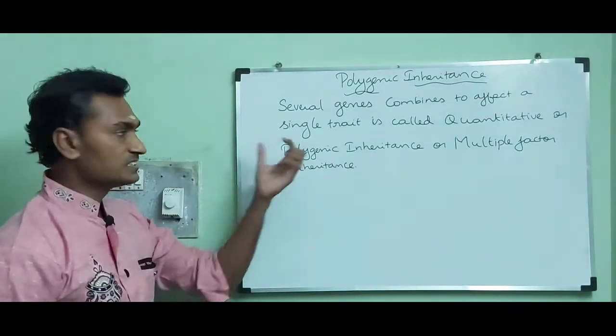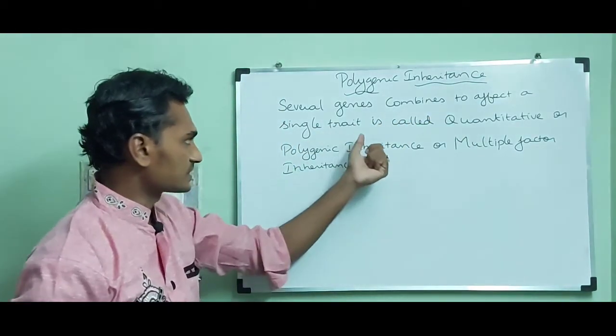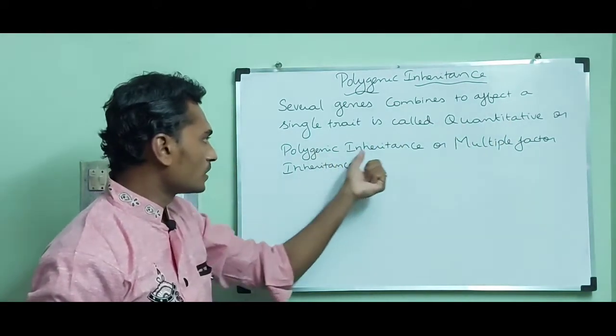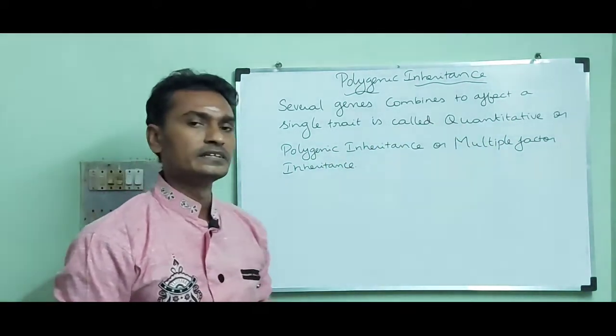So several genes combine to affect a single trait is called quantitative or polygenic or multiple factor inheritance.